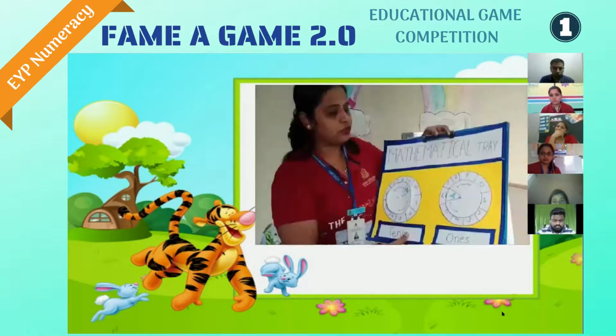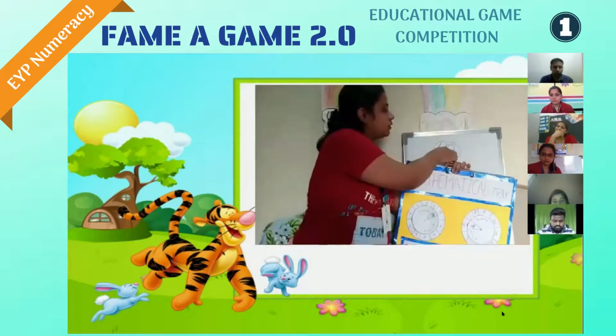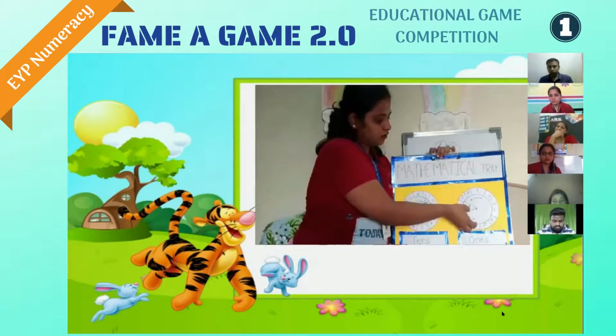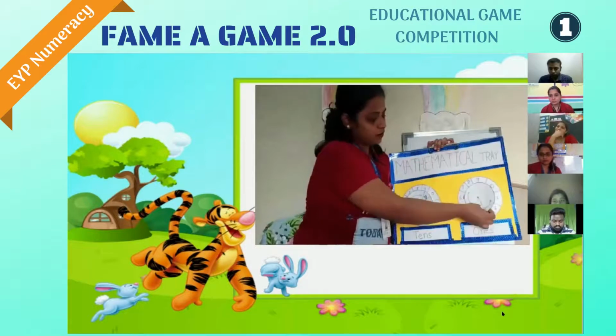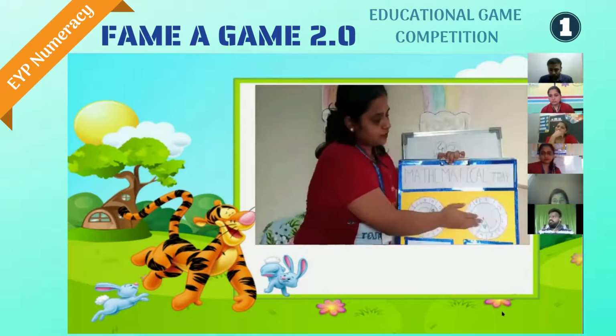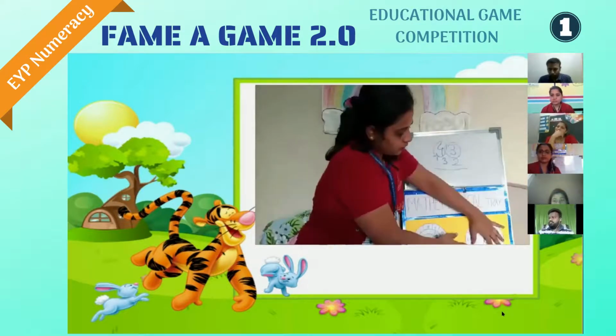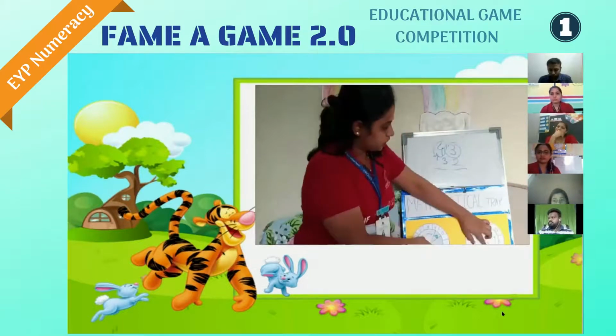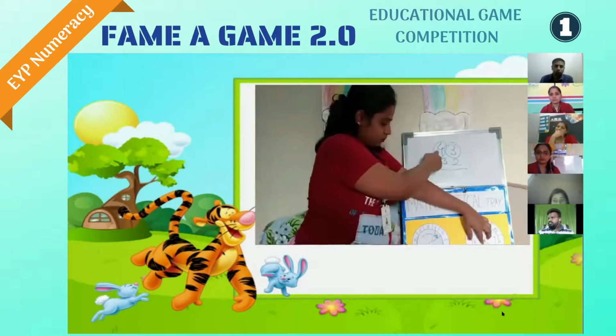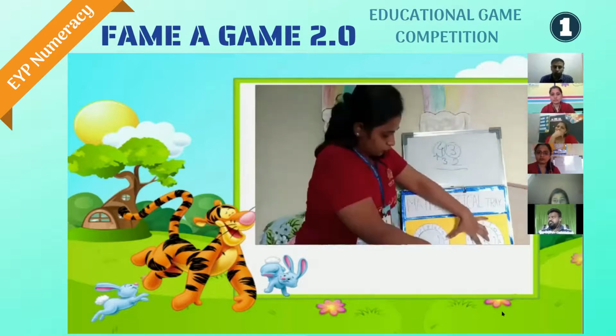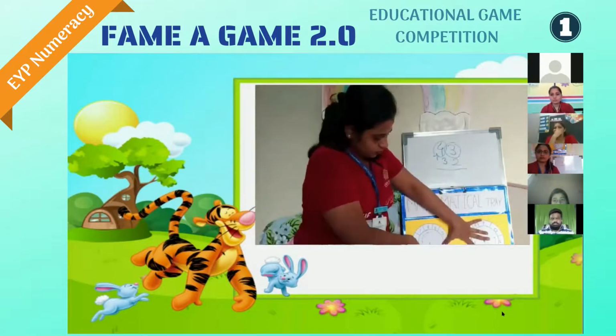So for this, we need to set our first arrow on number 3. This is the ones place arrow. So I am just setting this arrow on ones place, that is number 3, and the tens digit arrow on number 4.